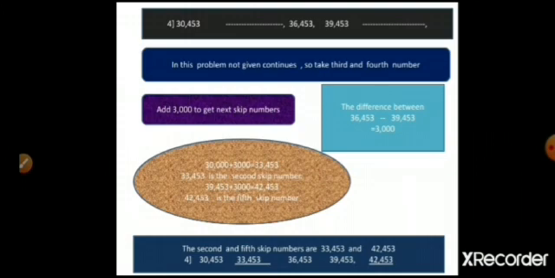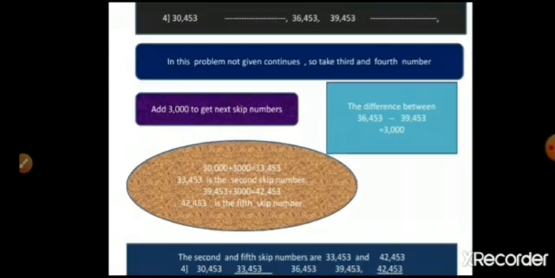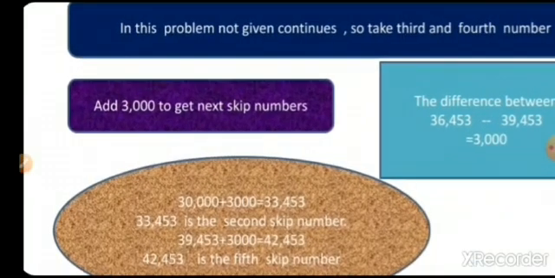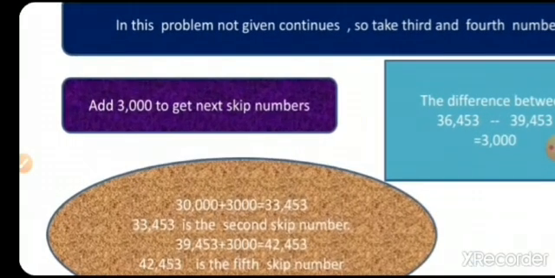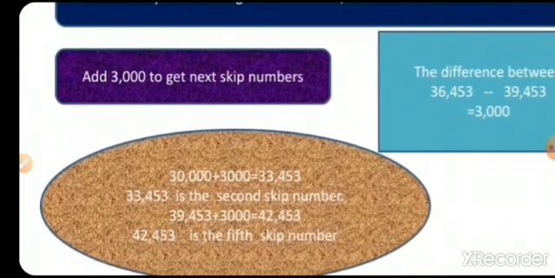So which order is this? Ascending order. So we add 3,000 to get the next skip number. The difference is 3,000. The first number is 30,453. To that number we add the difference 3,000, then we get the second skip number, 33,453.